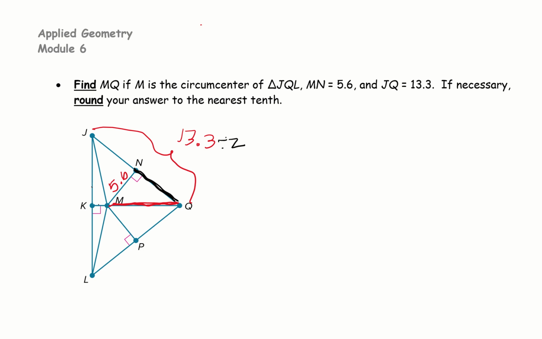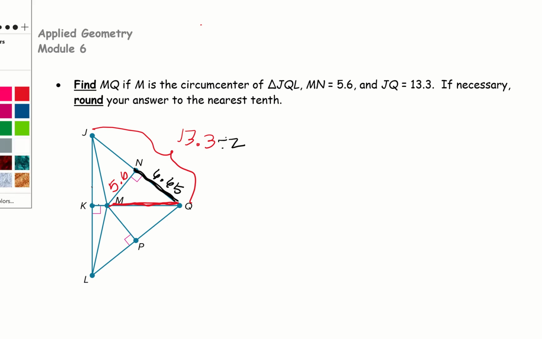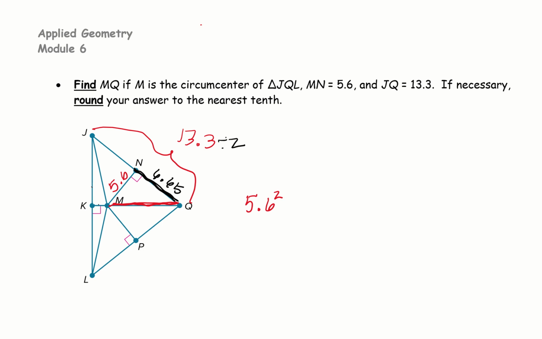And when we do that, we get 6.65. So that means NQ is 6.65. So now I have enough information to use the Pythagorean theorem again. I'm going to do 5.6 squared plus 6.65 squared equals c squared.